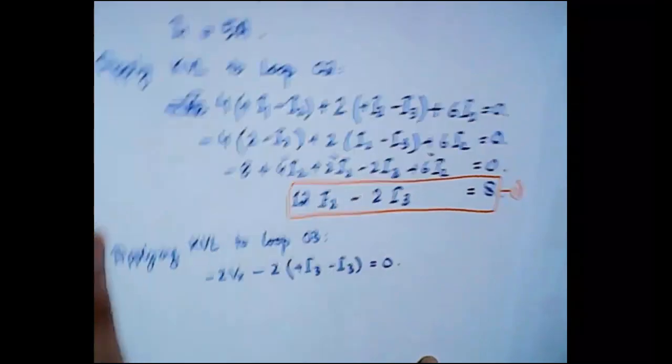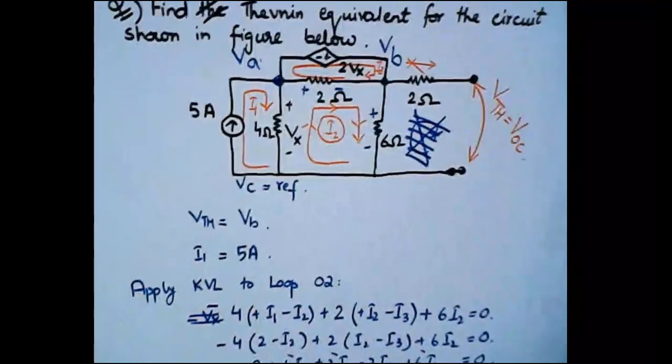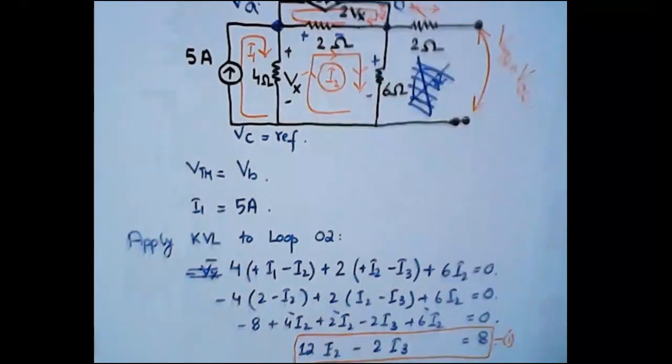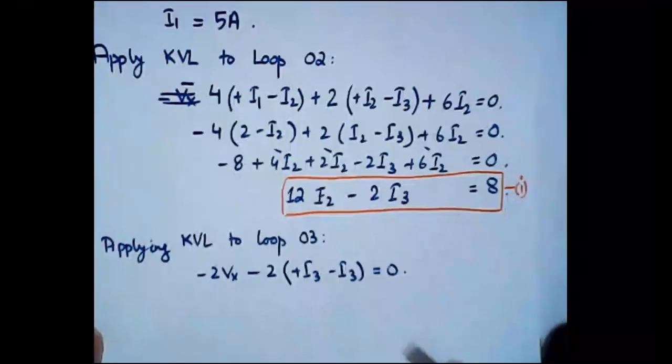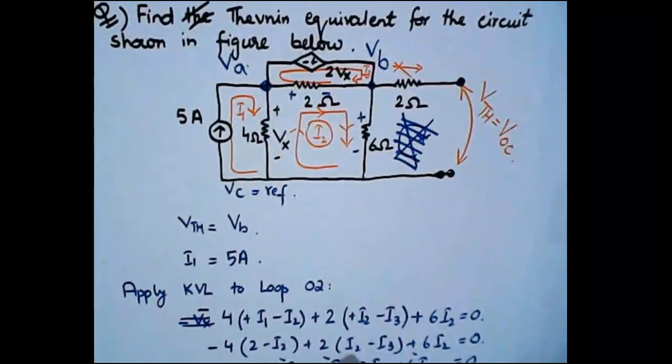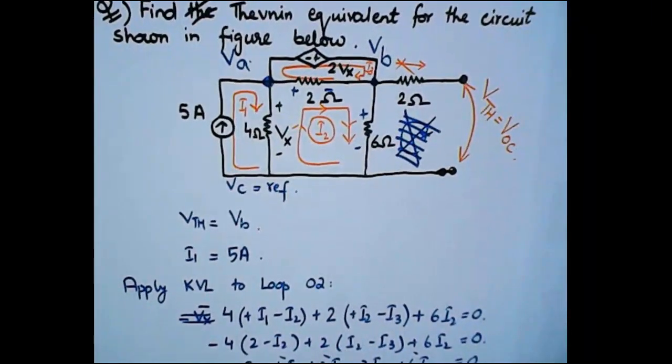Again, you need to note one thing: we had two variables and the equations were supposed to be in the form of I2 and I3, but here a third variable has also been involved, which is Vx. So now we need to convert this Vx in terms of our loop currents, which are I1, I2 and I3, right?